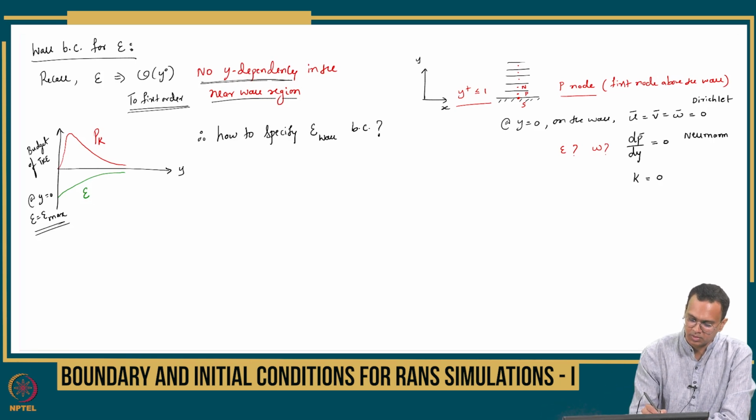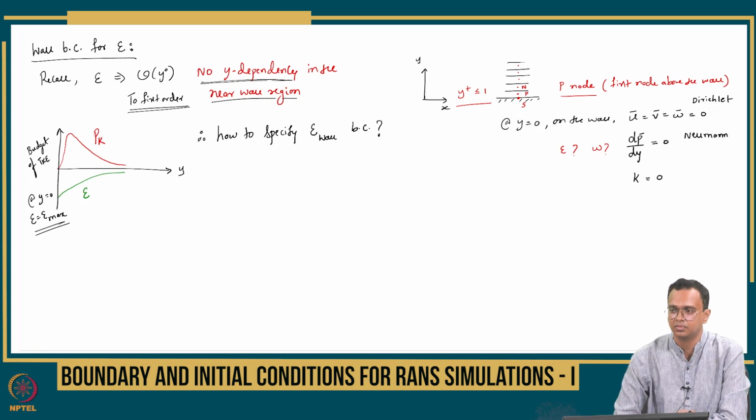What we do now is that we take the help from K equation, because turbulence kinetic energy has both exact equation and model counterpart. So we take help from K to see whether epsilon boundary condition can be given.